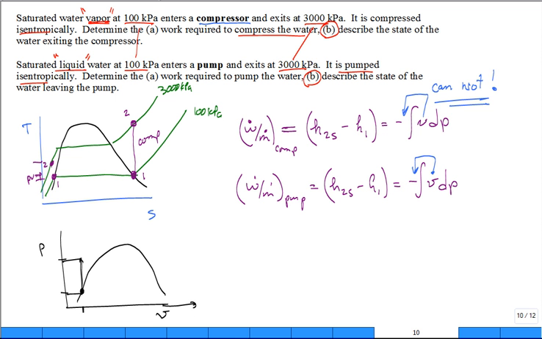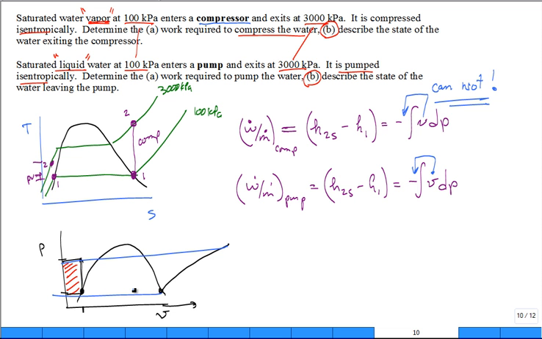It's kind of funny, but the integral of v dP on a PV diagram is the area to the left of the curve. All right, let's try and do it out here. It goes like this. And if I knew the path, I could do the integral, the area to the left of that curve. That would be fine, but I don't know the path.